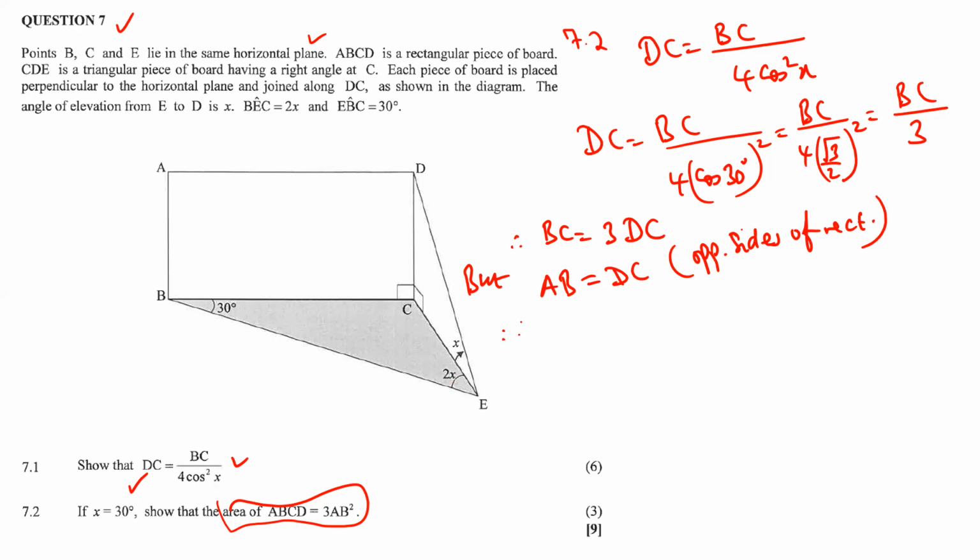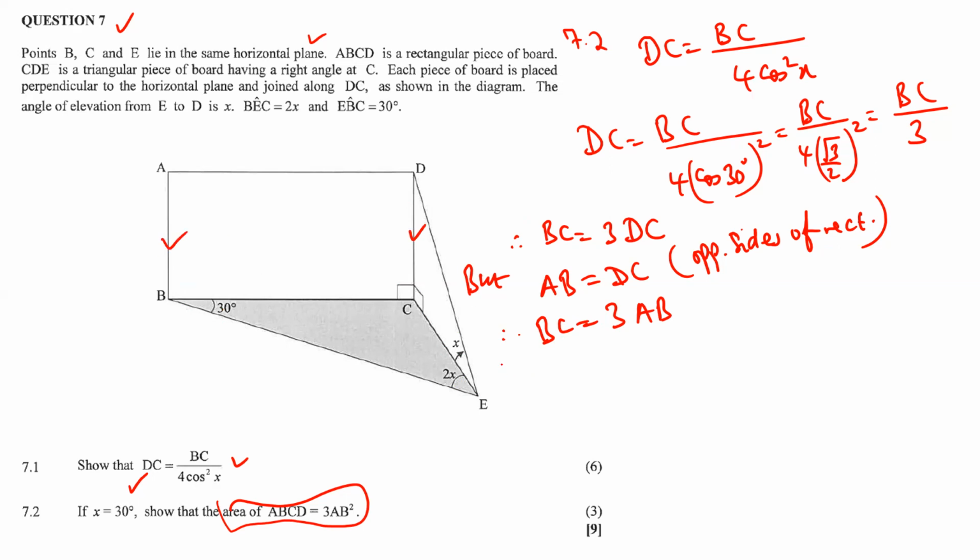So simultaneously we are able to see that BC is 3AB, because DC is equal to AB.